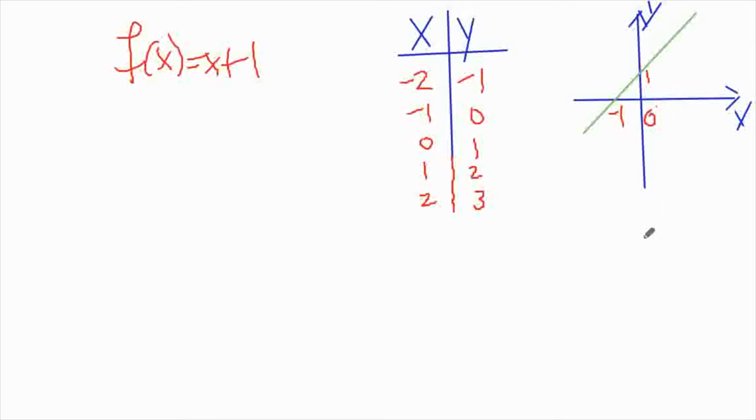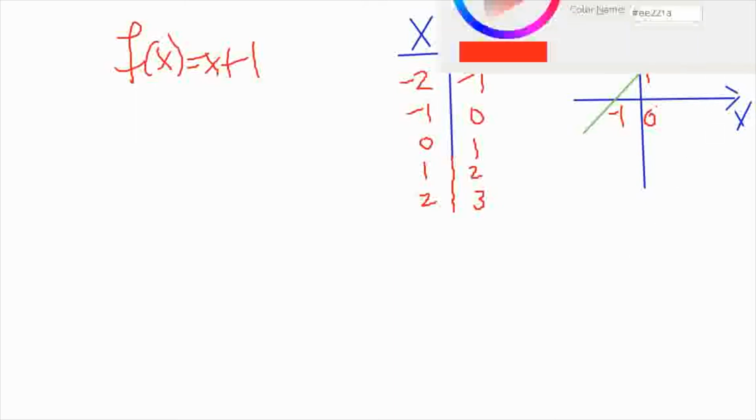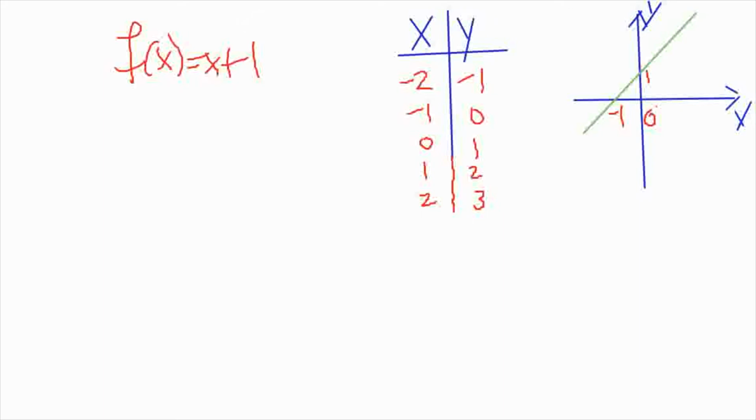Okay? Now, the reason that I'm mentioning all this is because you're going to have to get used to the fact that for the same function, you can get information about a specific function lots of different ways. So the first way, f of x is equal to x plus 1, you might call that algebraic. I'm using variables, equal signs, and that was certainly one way to give you information about a function.